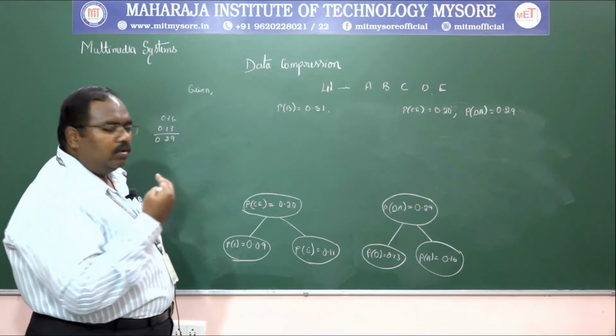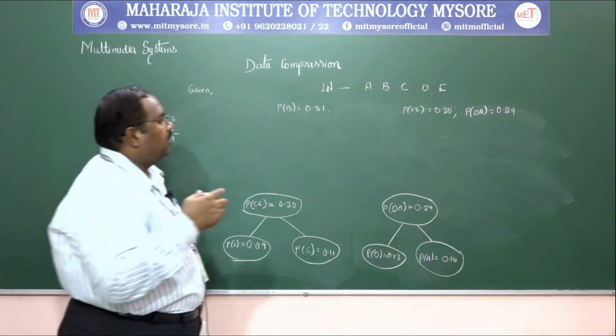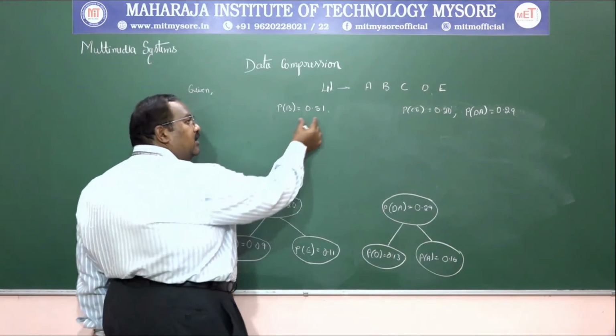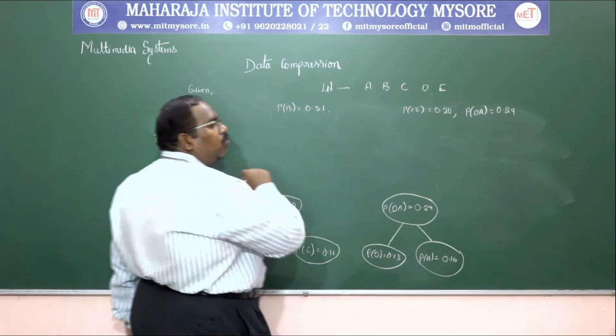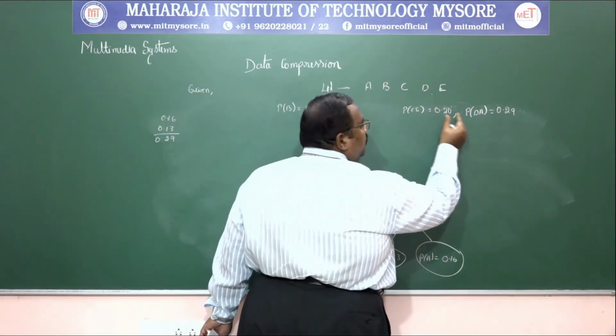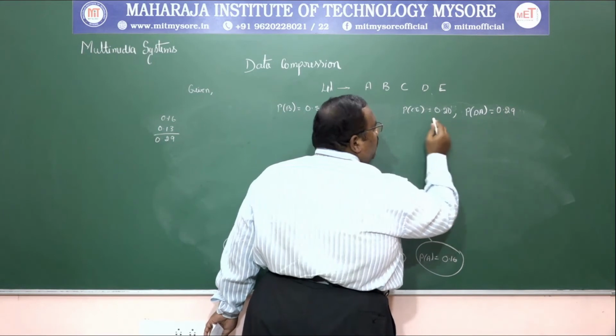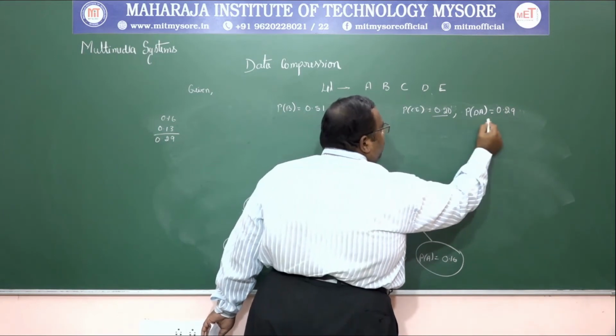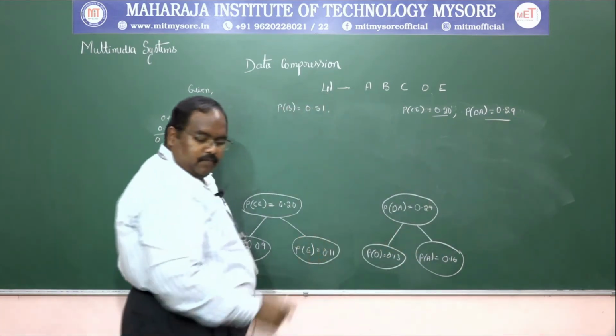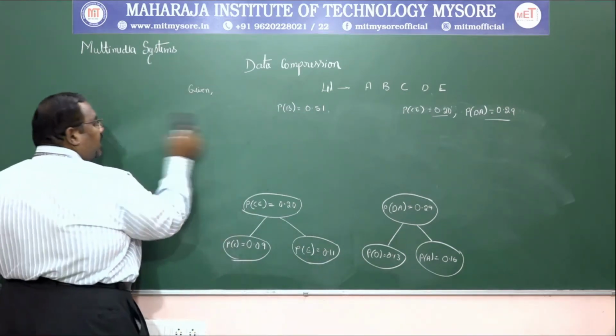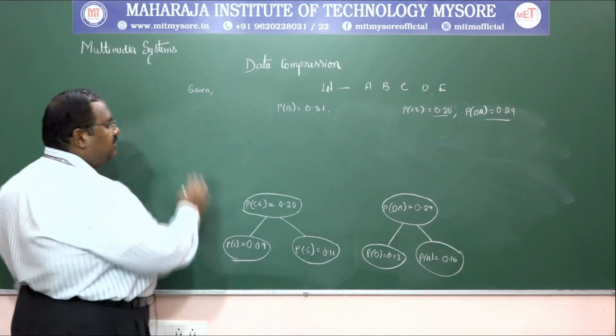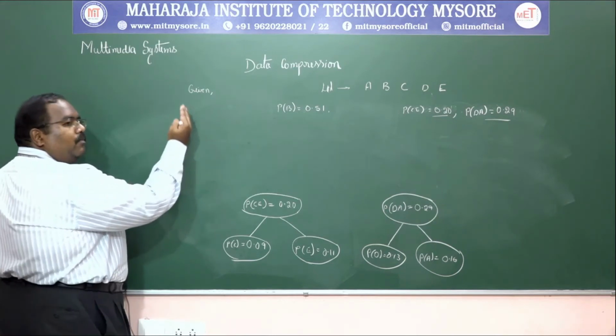Now again, repeat the process. Find the 2 smallest nodes with respect to the probability. So it is here 0.51, whereas these two are 0.20 and 0.29. So it is better to combine these 2 nodes. So we'll calculate here itself on the side. This is just a concept to make you clear.